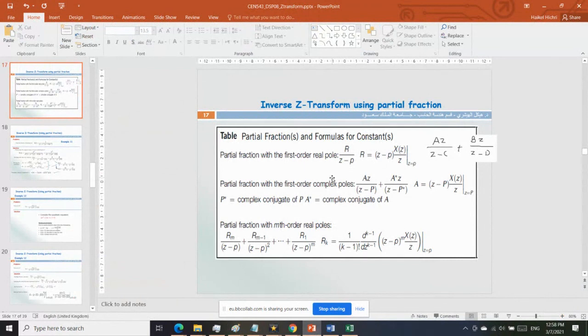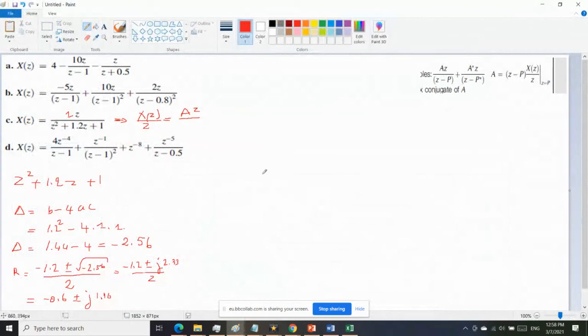If we have complex roots, then it becomes like this. These are the two roots, one plus and one minus.